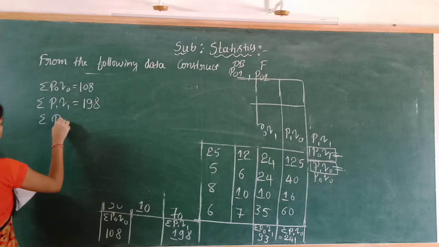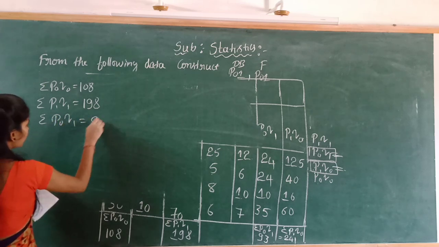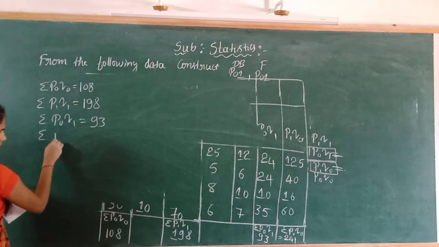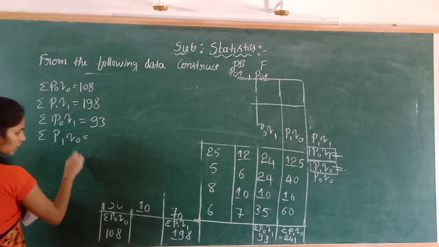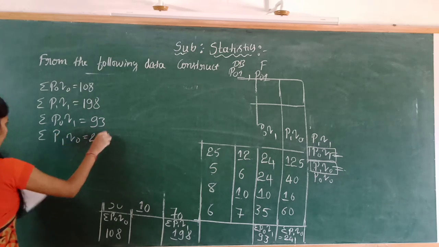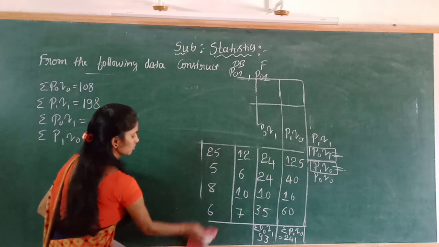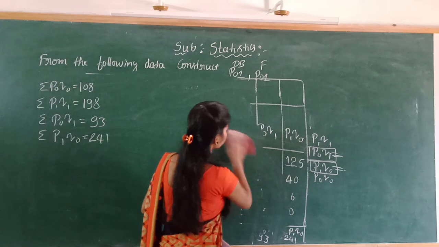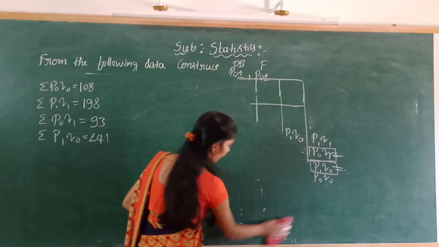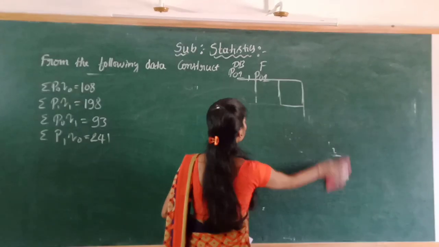Summation P0, Q1 value is 93, and summation P1, Q0 value is 241. By using these values, you have to calculate the Dorbish-Bowley price index number and then Fisher's price index number.